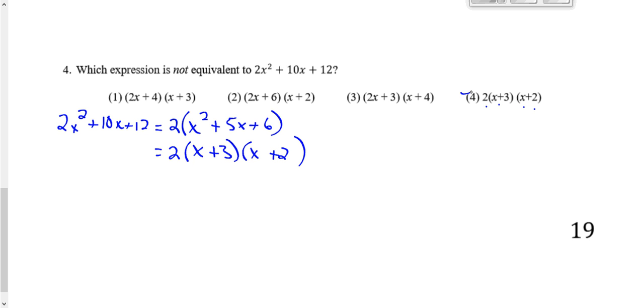Well, let me ask you this. Look at choice 2. 6 plus 2 is not 10, but 6 times 2 is 12. Where do you think choice 2 came from based on this answer here?